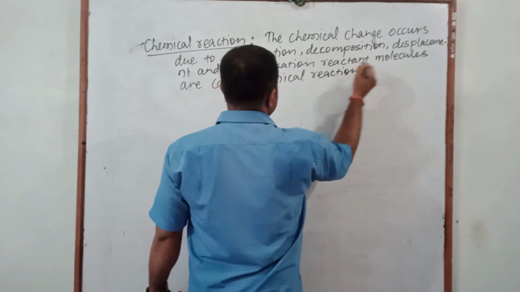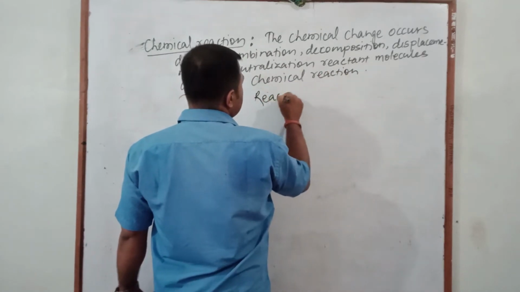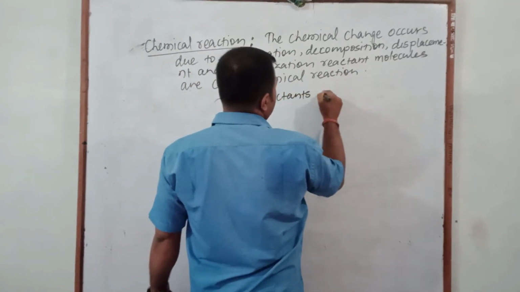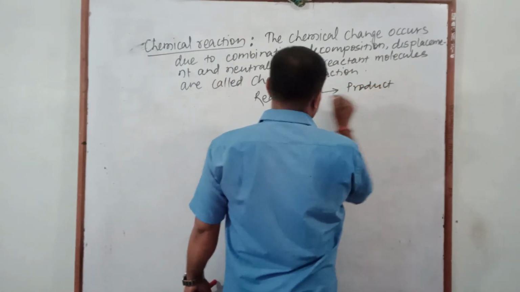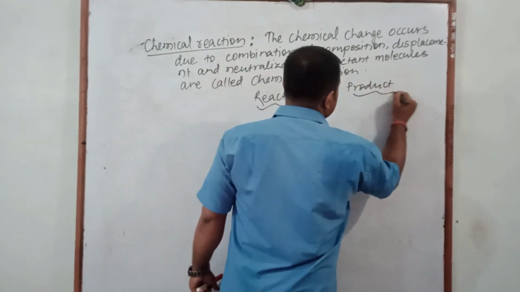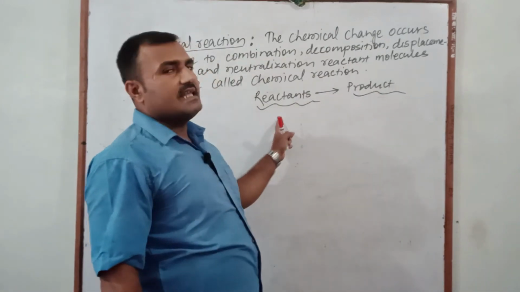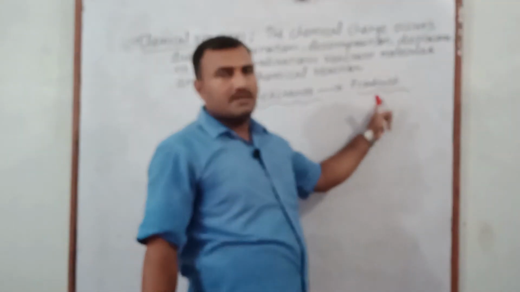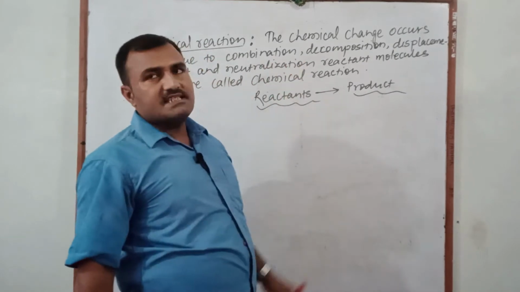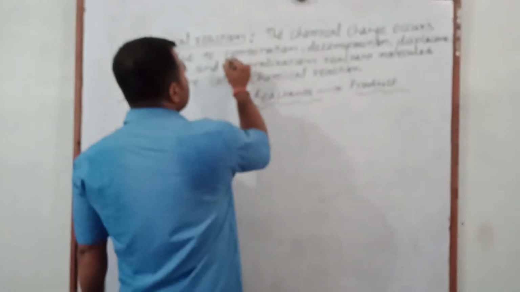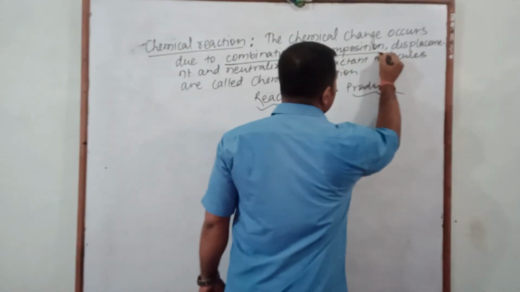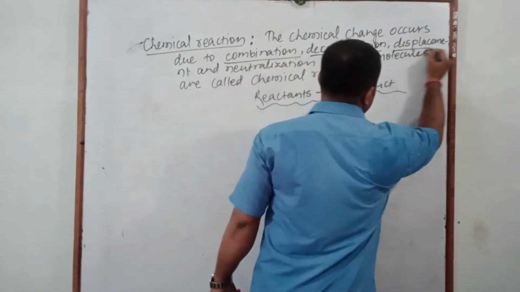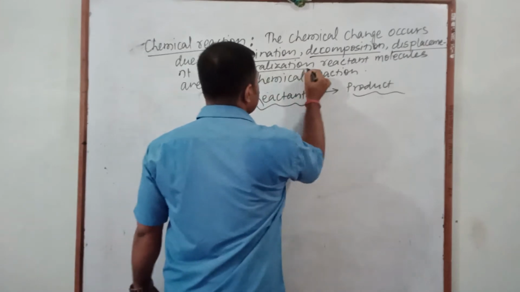And here it is already given that reactants change into products. Some change occurs in the reactants that causes products to be formed, and the changes found are that reactants are either combined, decomposed, displaced, or neutralized.